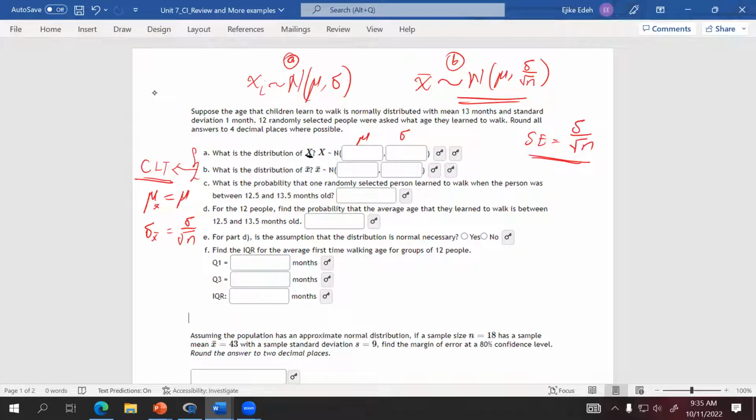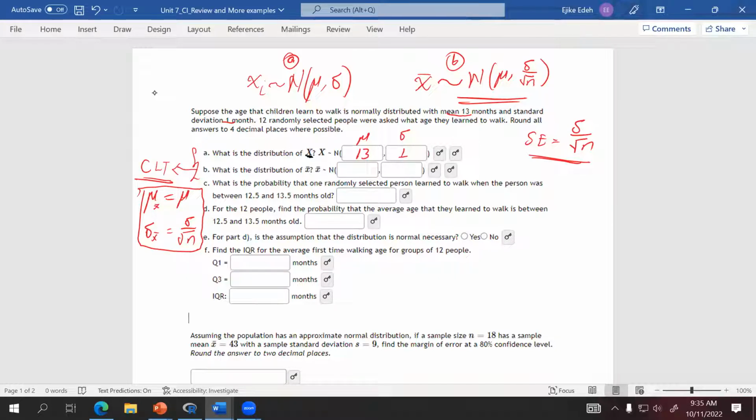So here, we know from this question that the mean is 13, so we know the answer. And the standard deviation is 1 month, so we know the answer. For the second part, that is where we apply the central limit theorem. Again, we emphasize that the mean is still the same.